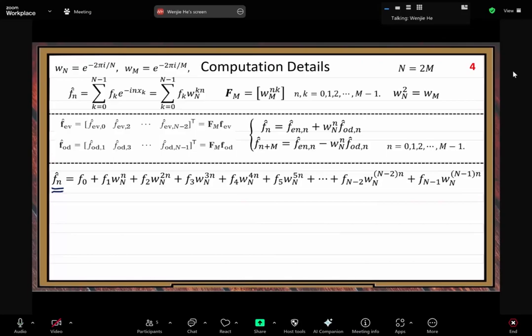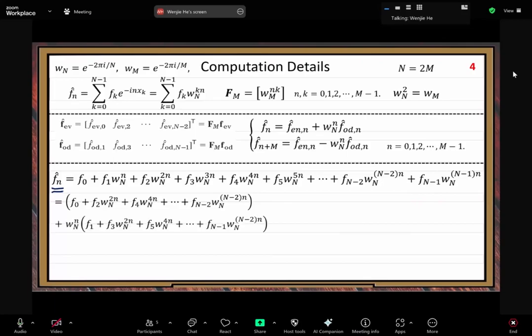The first time, we write all the terms out explicitly. Then we separate the even terms and odd terms. We group all the even terms and all the odd terms. The first group is the even terms.